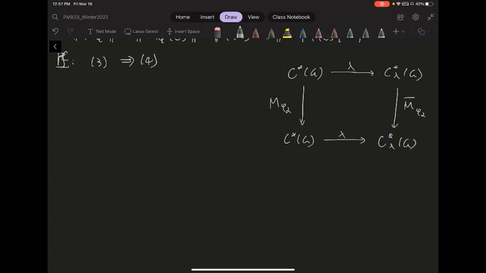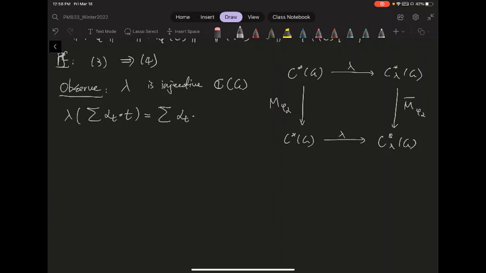So to show it's going to be injective, you actually know that this lambda is injective on the group algebra. This is usually how you use these kinds of commutative diagrams: lambda is injective on your group algebra, so on C of G. The reason is very simple, because if you take any finite linear combination in the C of G, and you take lambda of the summation of alpha t dot t, it just maps to the summation of the alpha t times the lambda t.